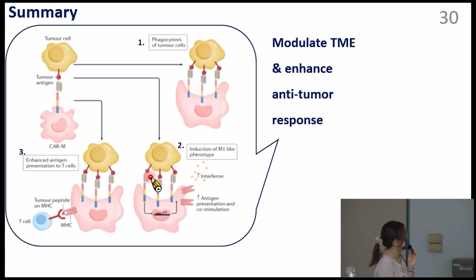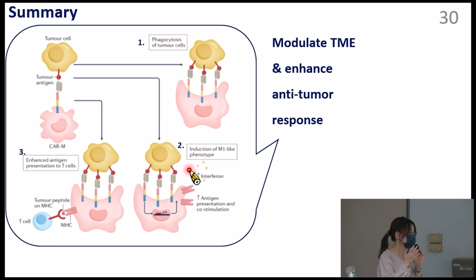So let us summarize the paper. They generated a new CAR macrophage, and this kind of CAR macrophage can perform phagocytosis of the tumor cell. The second is it can induce an M1-like phenotype.